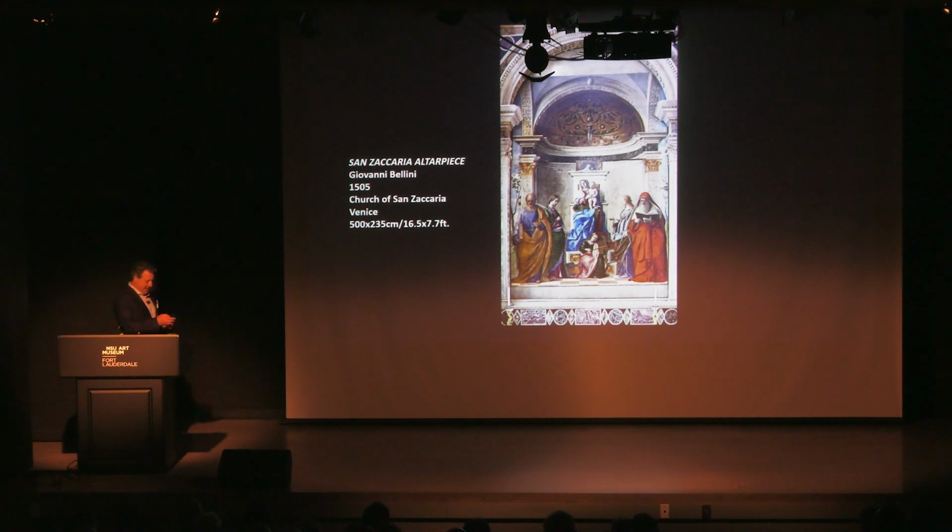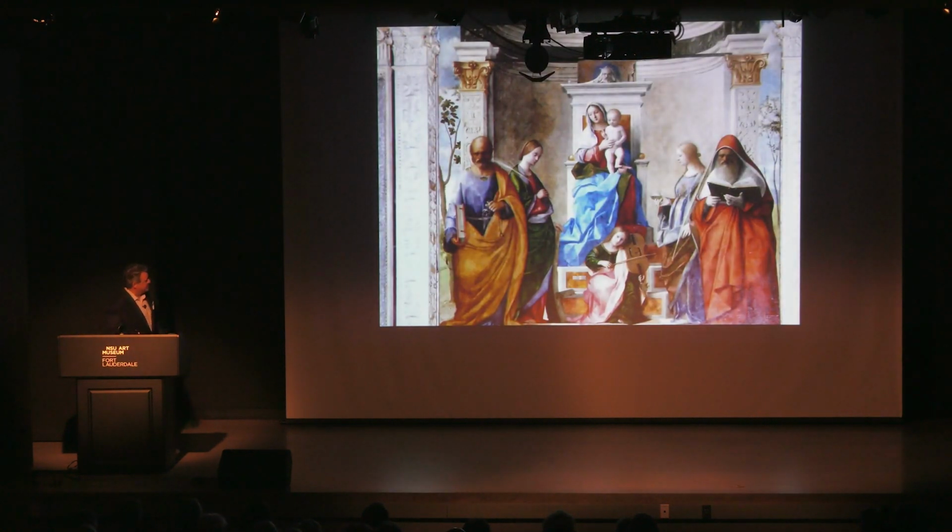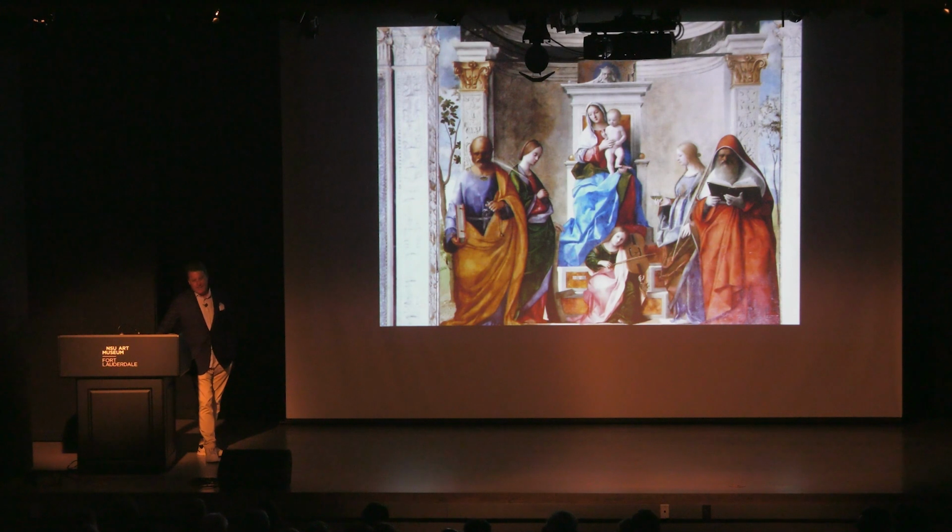His San Zaccaria altarpiece that you see here, which was done relatively late in his career, but look again how his colors, and mind you, the Venetians using a different medium. Very rarely working in fresco because it's too humid in Venice. Working in tempera for a period of time, but eventually transitioning over to oil on canvas.